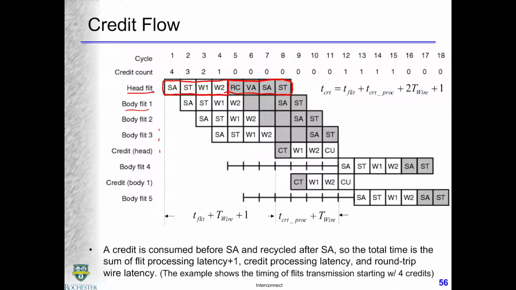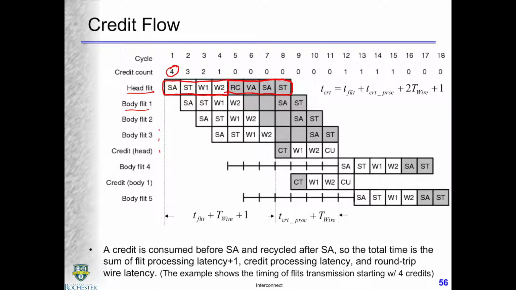So let's look at this, right? So we have 4 credits at the beginning of this train of flits, and we're sending one downstream, which we know would result in having only 3 available buffers.